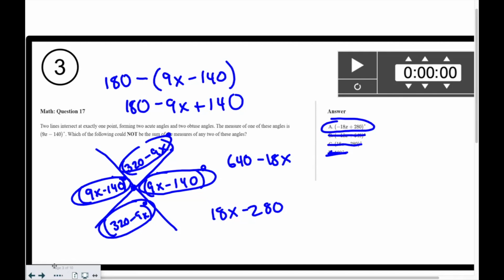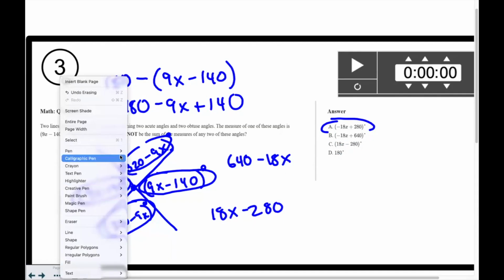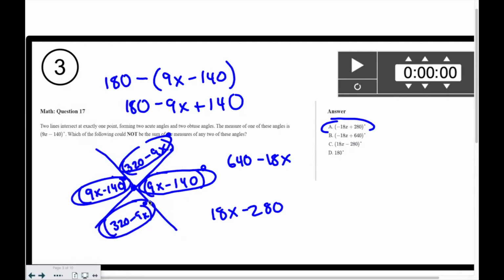Okay, questions on that one? I have a question. Yeah. I'm sorry, a little confused on why B isn't the answer. Okay. Let me go back. Did you see where I got all these expressions from?